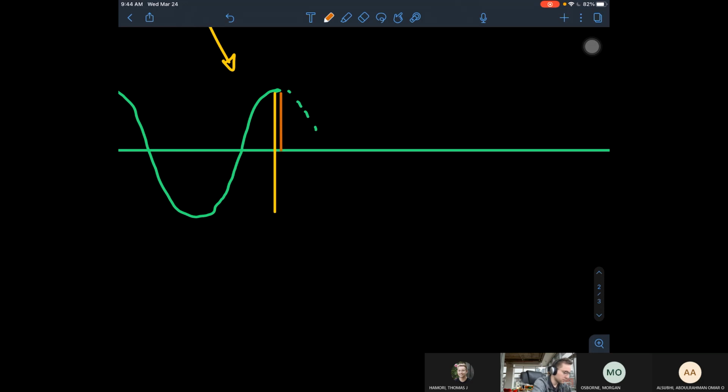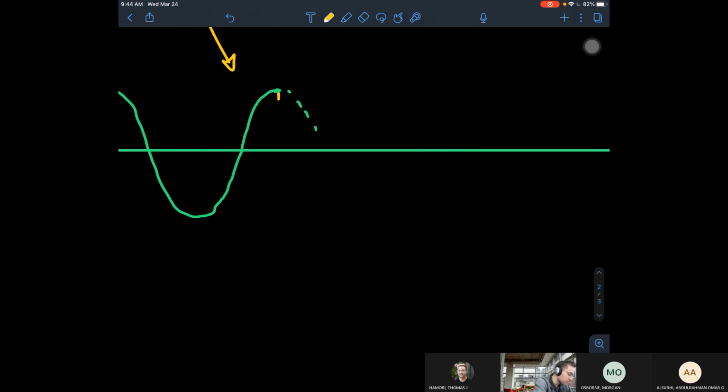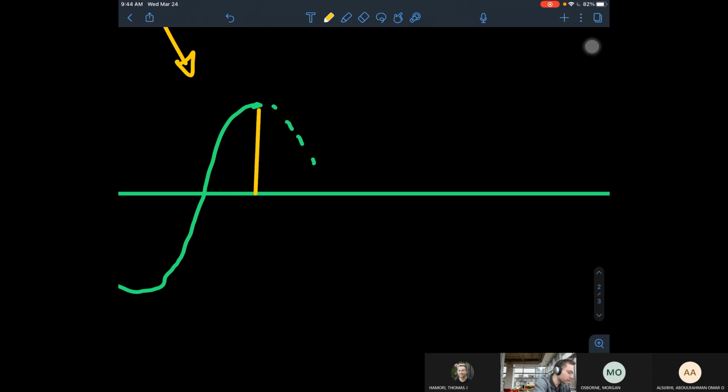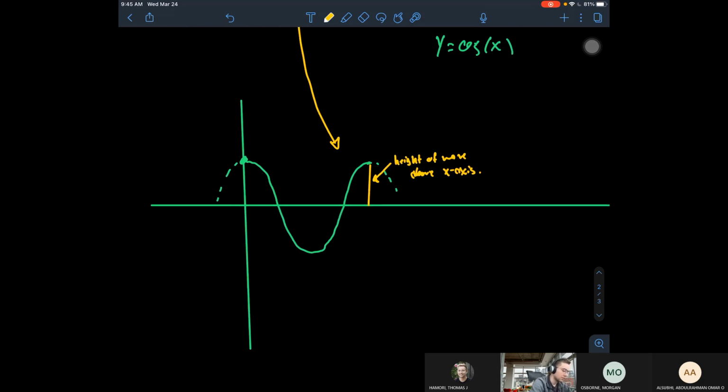Line segment 2. That's right. Line segment 2 will be the amplitude of our function, the height of the wave above the x-axis. That's the amplitude.